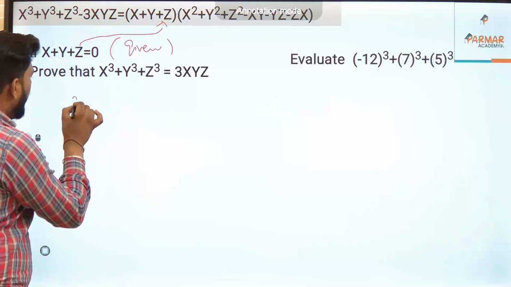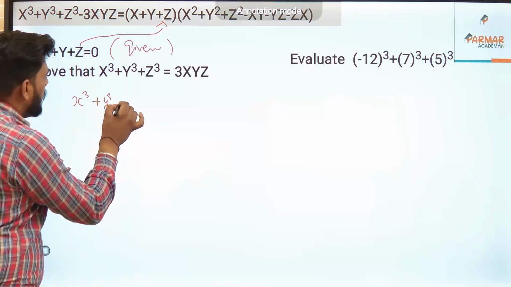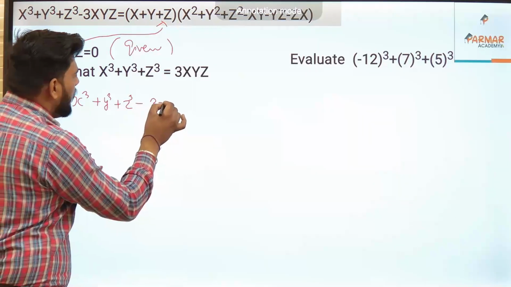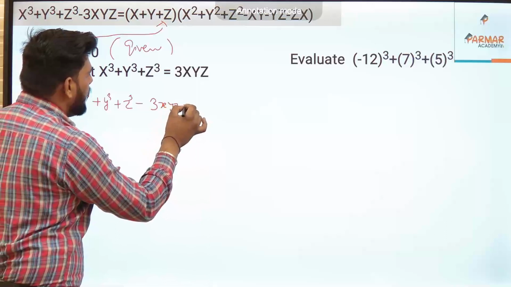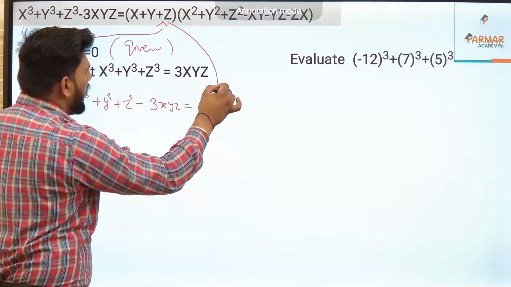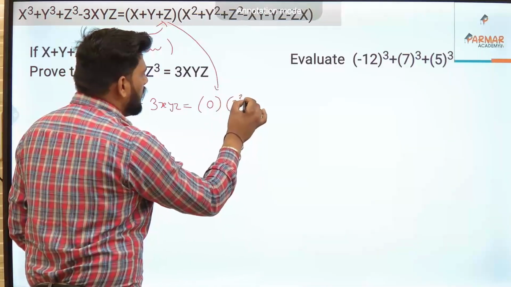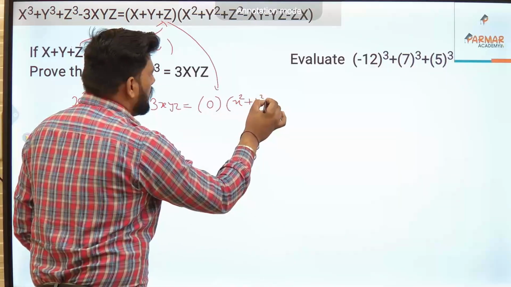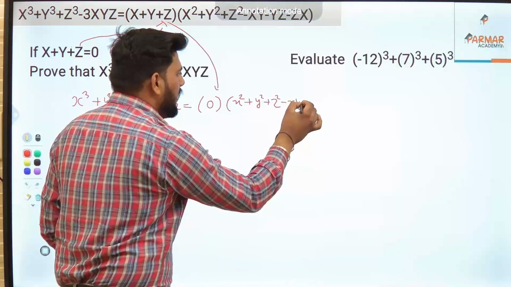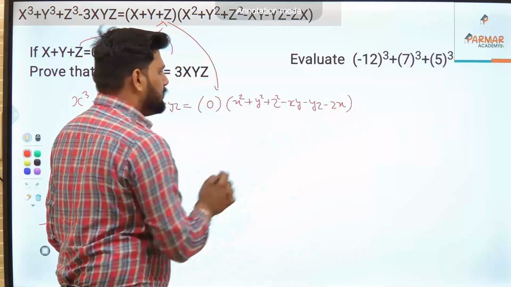So I can write it as x cube plus y cube plus z cube minus 3xyz equal to 0, because this is the value of x plus y plus z, into x square plus y square plus z square minus xy minus yz minus zx.